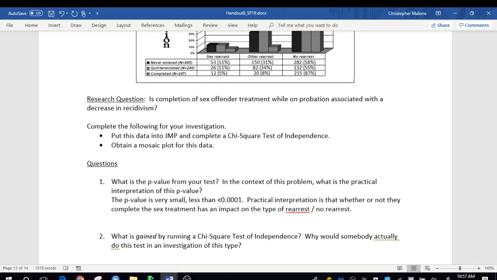So there's an association between whether or not they went through the sexual treatment program and the recidivism rate.